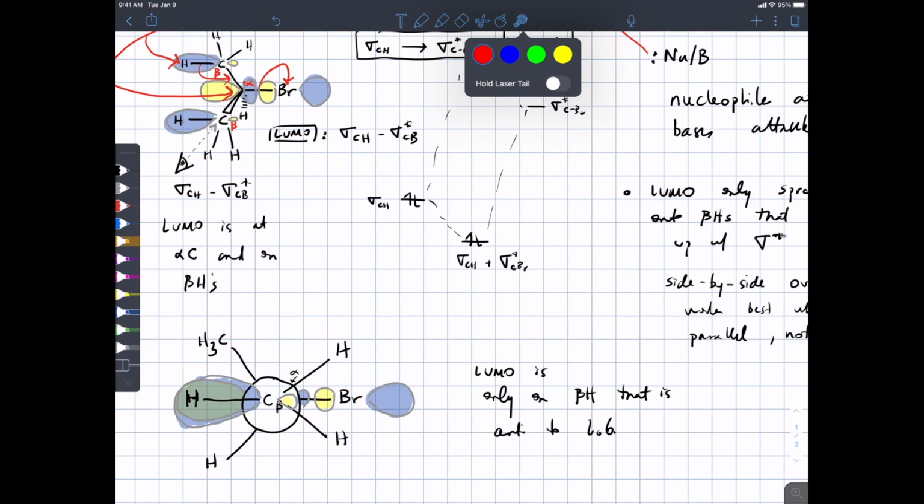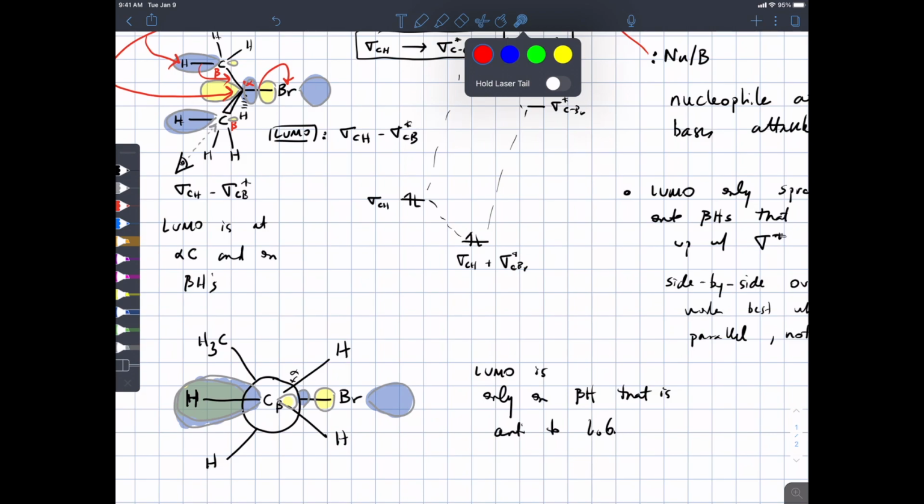Because that methyl group is doing propeller action all the time, we're shifting through which proton is anti to the leaving group, but at any given point, one of them could be. And we'll talk about how the requirement that the proton you remove be anti to the leaving group is going to have some important implications for the stereochemical outcome of this reaction.